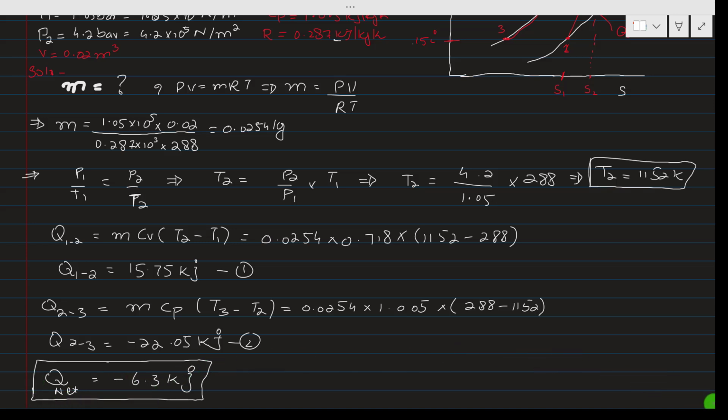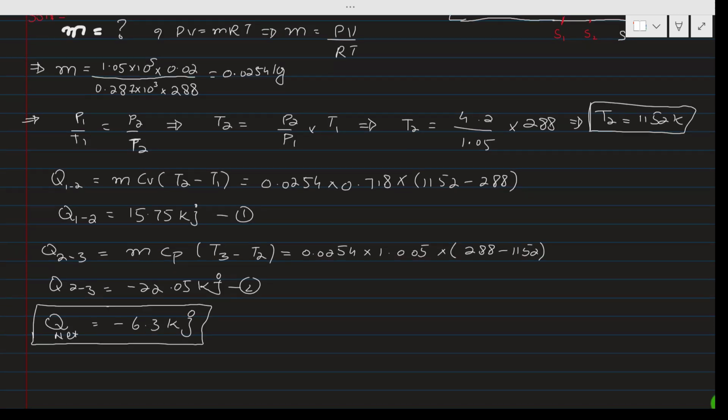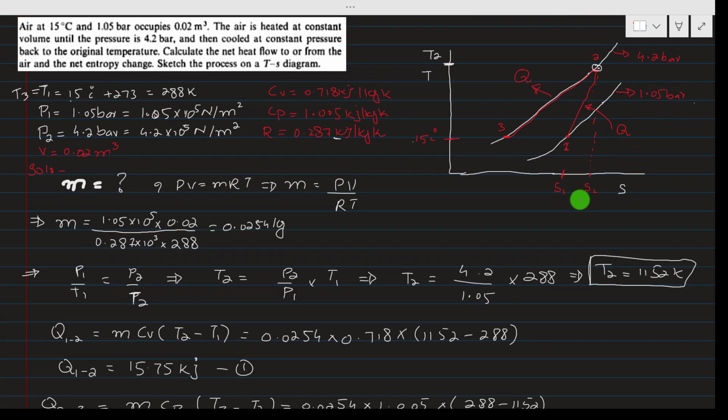Next we need to find the entropy changes. Now come to process 1 to 2. The entropy change is S2 minus S1, and that takes place at constant volume.